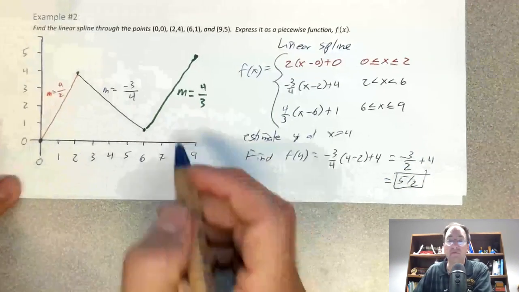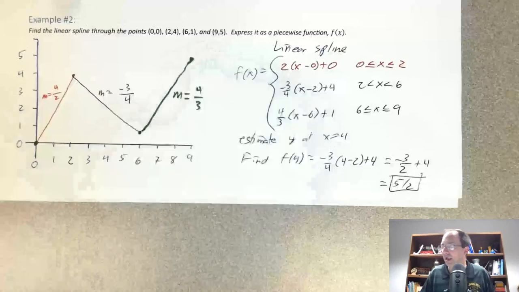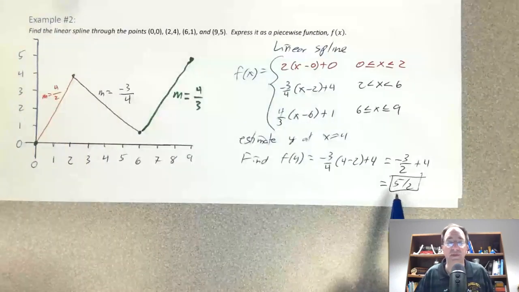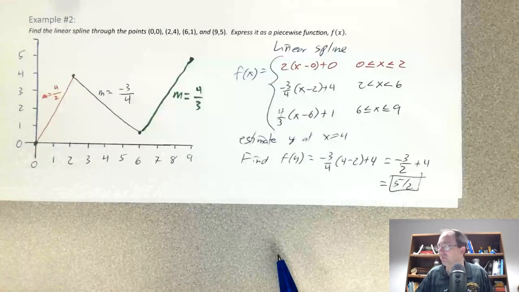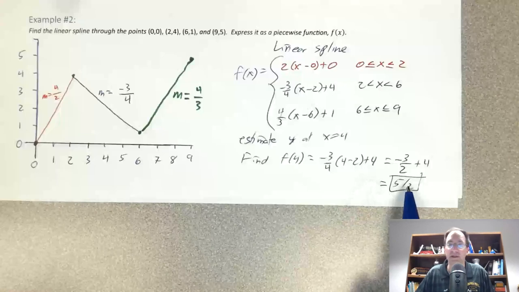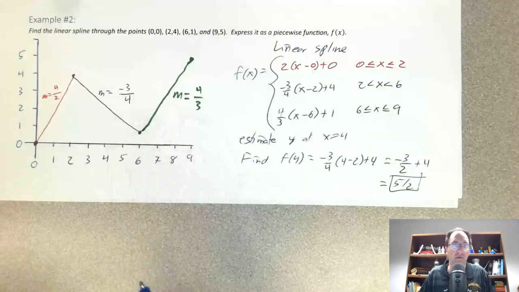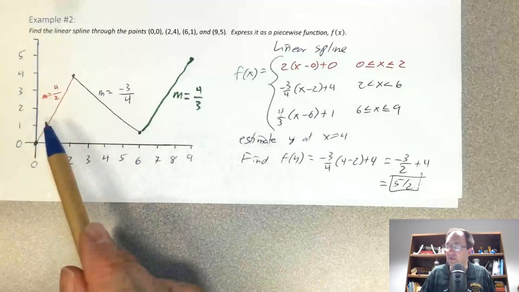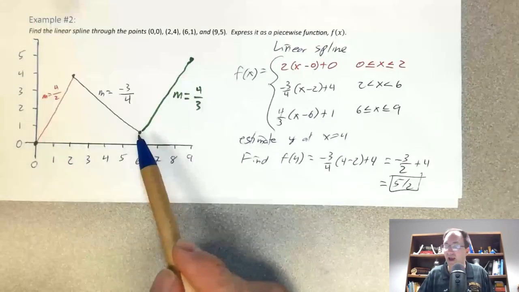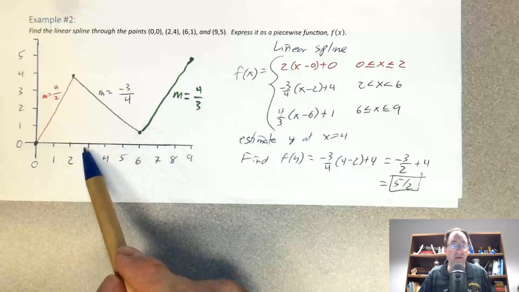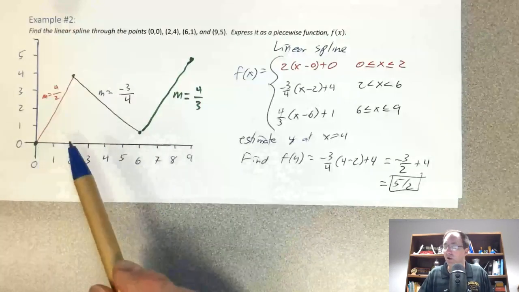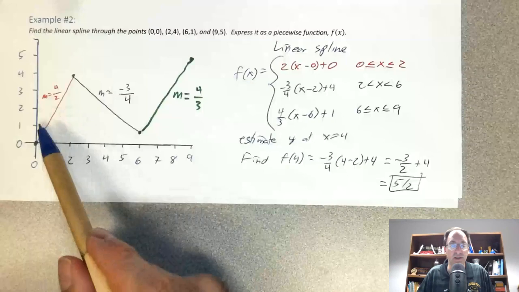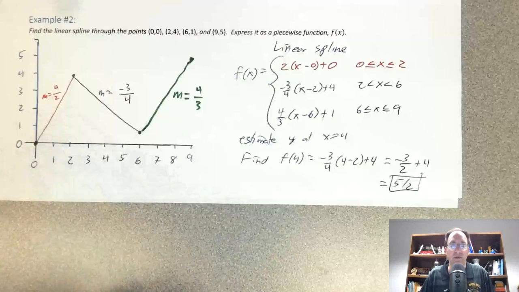Now, we don't know anything about the source of this data, so we can't analyze the model and see if this is a good fit or not. But if we did, we could compare and see if 5/2 was relatively close to what we're expecting. The nice thing about a linear spline is that if this isn't accurate enough, if I have a way of collecting more data, say maybe taking more measurements, then I can do so, and I can just keep finding straight lines that connect all those dots.